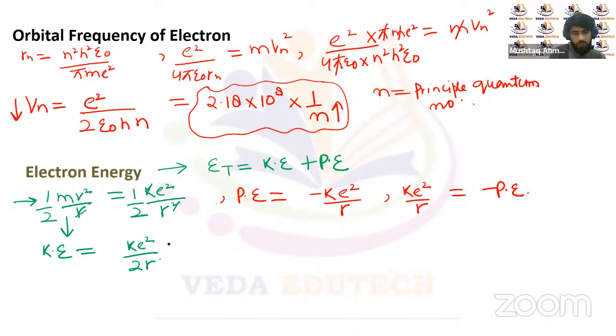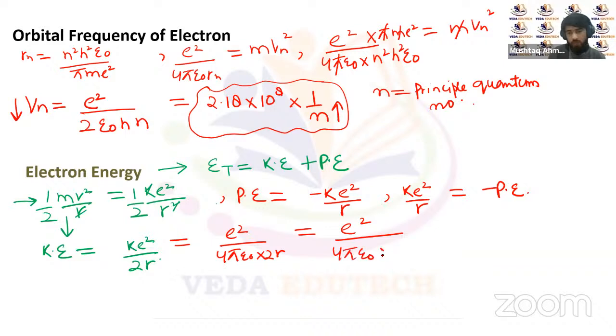If we put the value of k here, that will be e square upon 4 pi epsilon naught multiplied by 2r. And the value of the radius, we know, is n square h square epsilon naught upon pi m e square. We can put the value of r here. So it will be e square upon 4 pi epsilon naught multiplied by 2 and r, which has the value n square h square epsilon naught upon pi m e square.